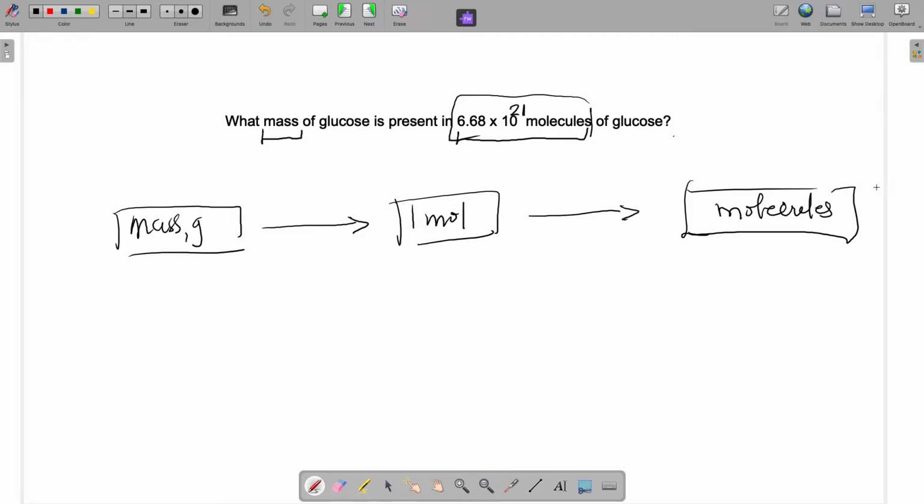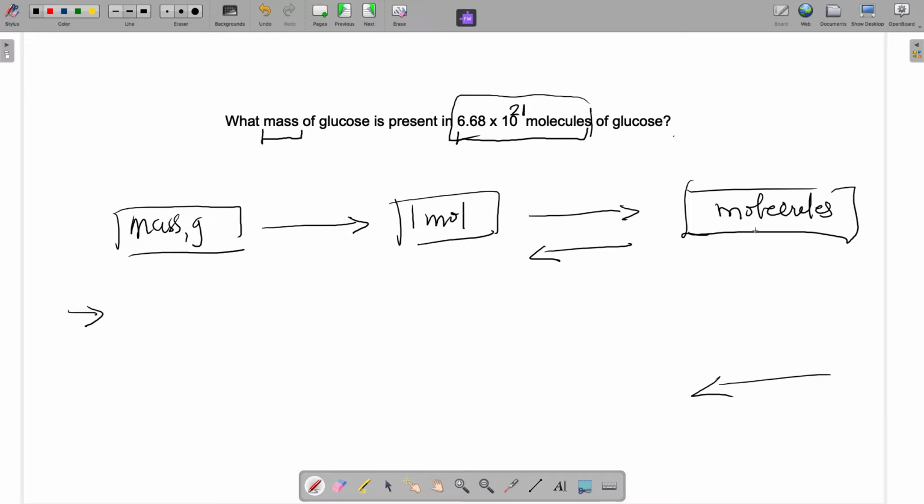As written, we are traveling from left to right, from mass in grams to molecules. But the question asks for the mass present in a certain amount of molecules, meaning we have to travel from right to left.